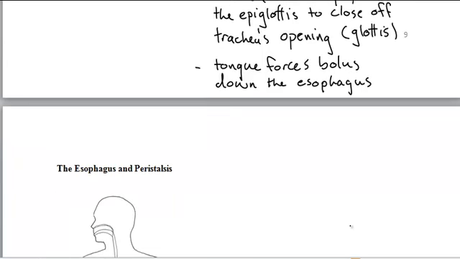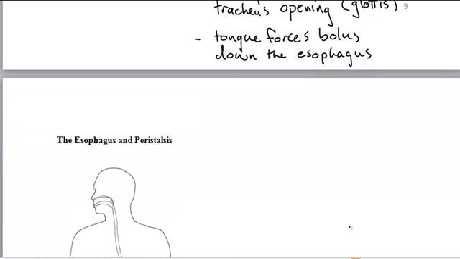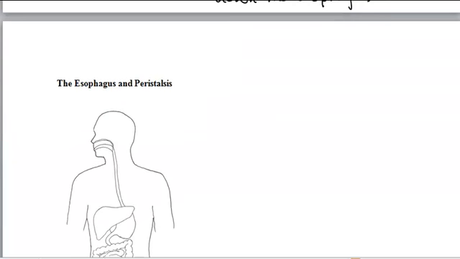Okay, and the final part of the digestive tract we're going to look at today is the esophagus. That's this portion of the tubeway leading down to the stomach. I'm just going to draw the little heart here. The heart's on the left side of the body, so we have to draw it on this guy's left.